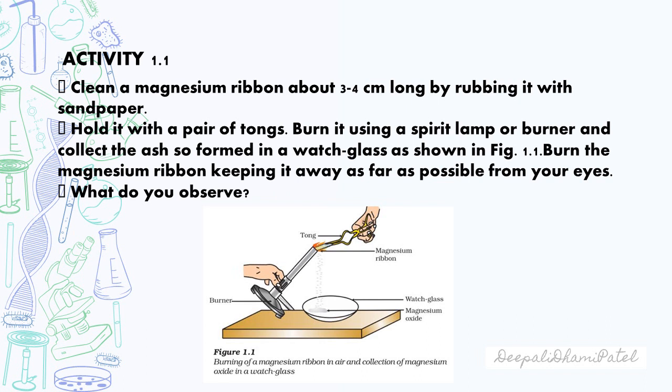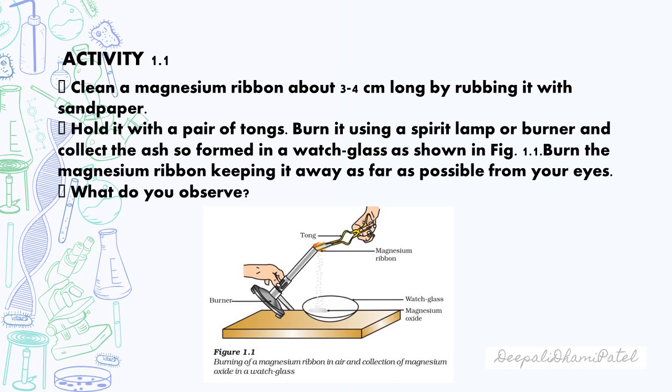We hold it with a pair of tongs and heat it on a spirit lamp or a burner and collect the ash so formed in a watch glass as shown in the figure. While burning the magnesium ribbon, keep it as far as possible from your eyes because it can cause a dazzling flame and damage your eyes.